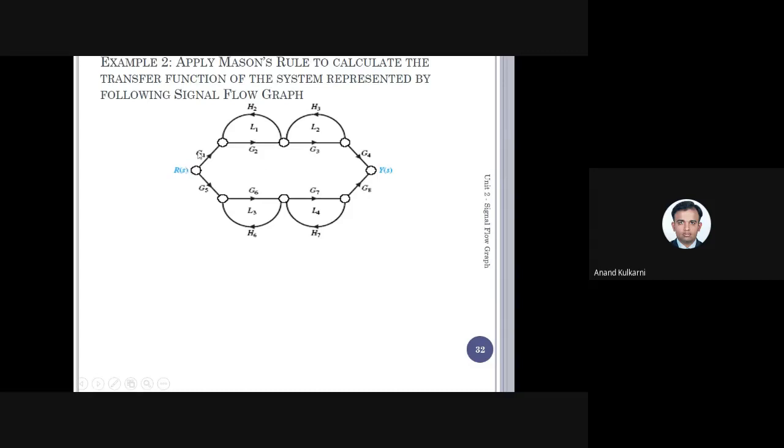So the initial point is R of S and Y of S. The input node is R of S and the output node or the terminating node is Y of S. And once you're done with this, you can just put a message that we are done so that we'll start solving the problems.